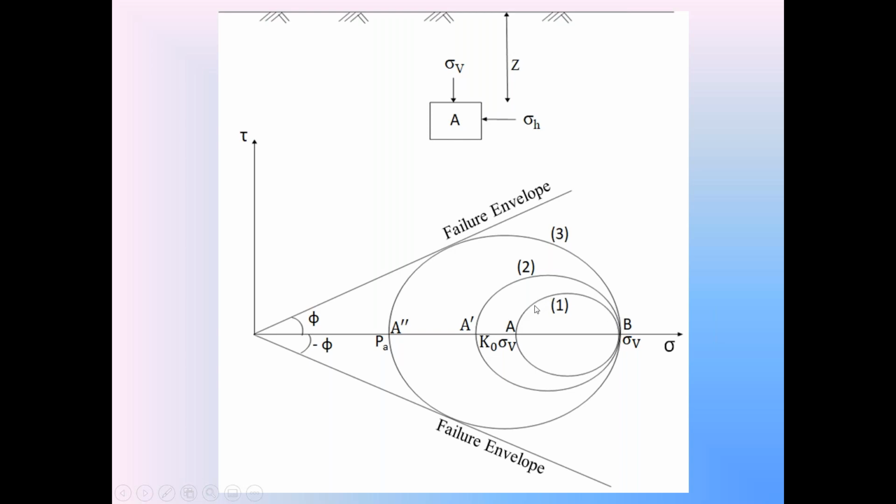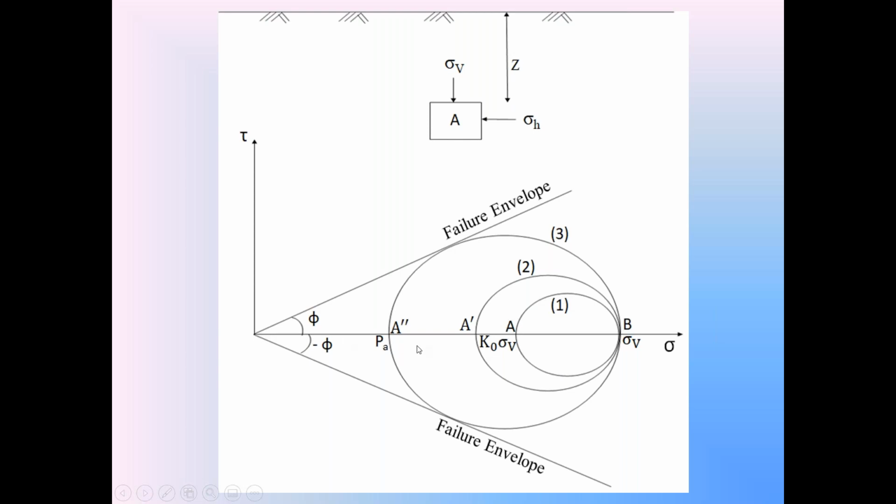The first circle is the Mohr stress circle for the stresses acting on the soil element A. Sigma V is the major principal stress, from the origin up to this point B on the x-axis. In the Mohr stress circle, the x-axis is called the normal stress axis, and the y-axis is called the shear stress axis. So for this soil element A, prepare the Mohr stress circle, that is this first circle.